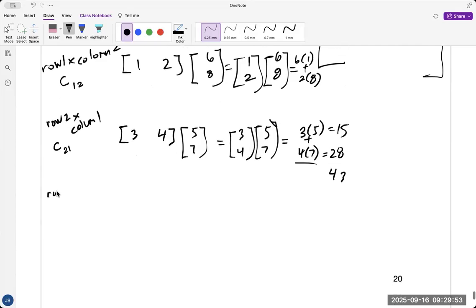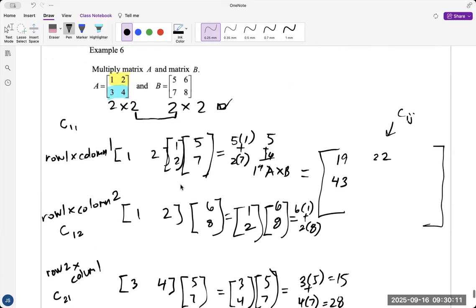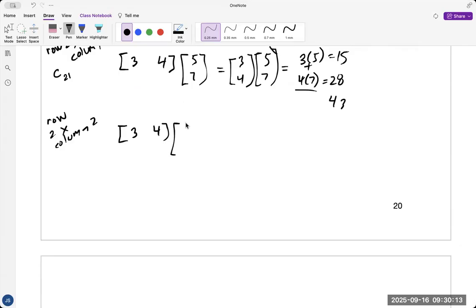Okay, then I'm going to do the second row times the second column. The second row is 3, 4, and the second column is 6, 8. I don't actually rewrite this, but I like to write it in my mind. I rotate this first one 90 degrees and then just multiply straight across.